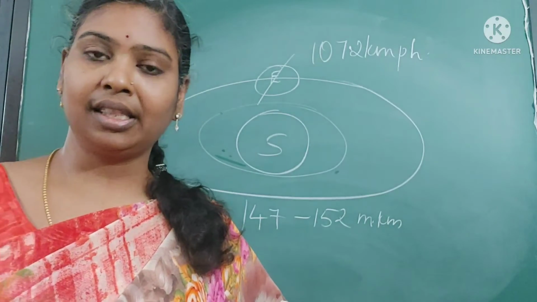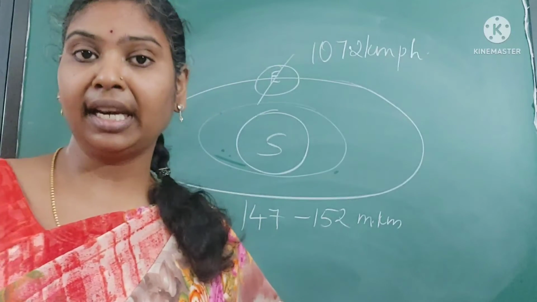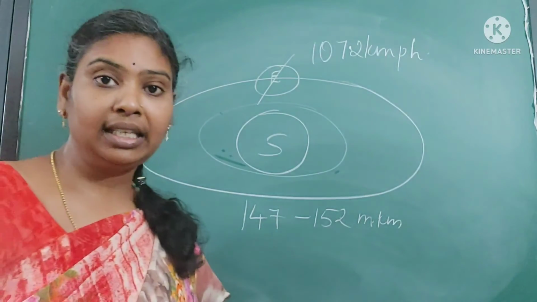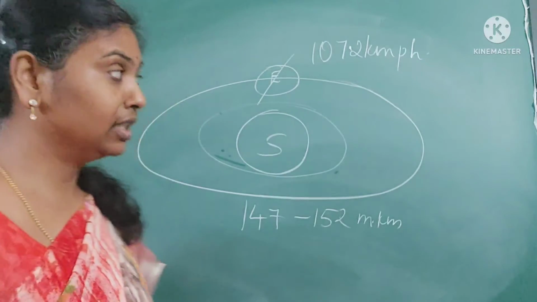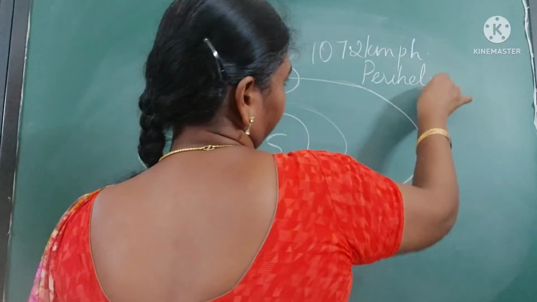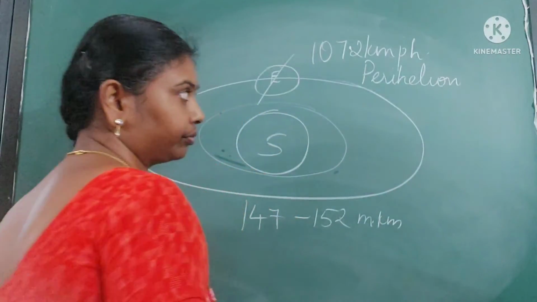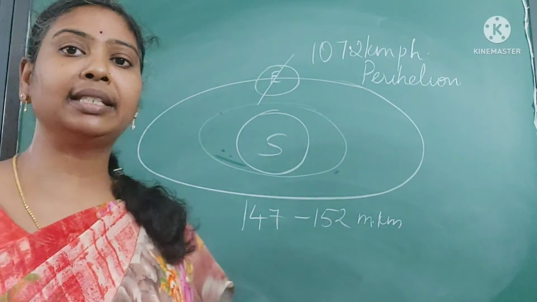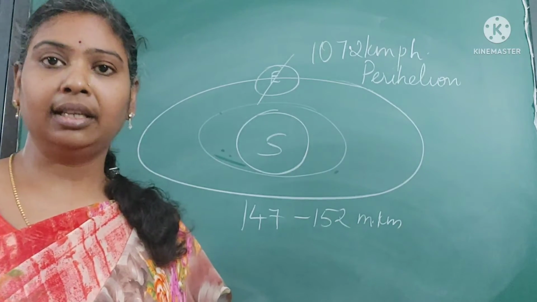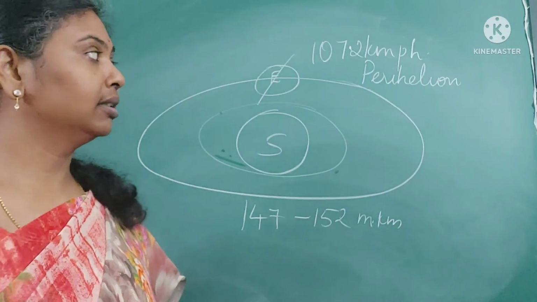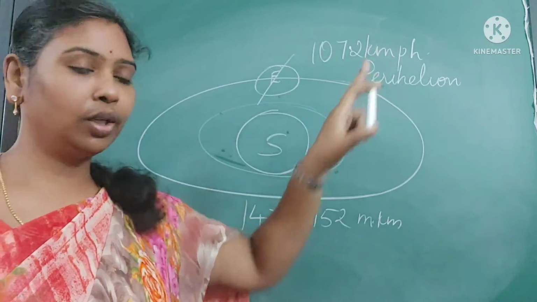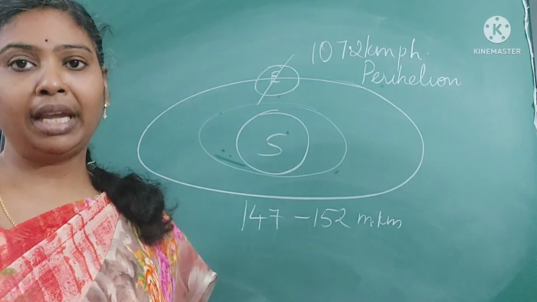In January the earth is very near to the sun, and this position is known as perihelion. Peri means near, helios means sun. So in January, where the earth is near to the sun, that situation is known as perihelion.